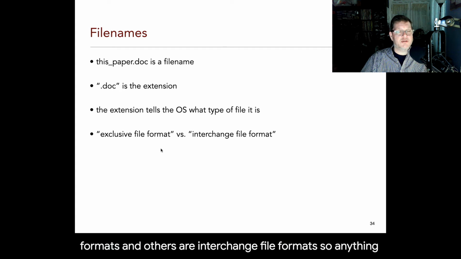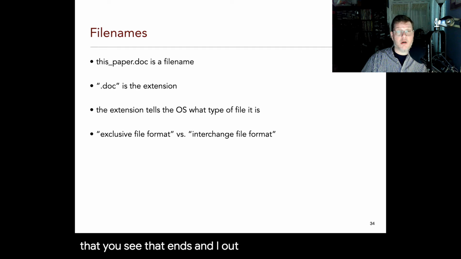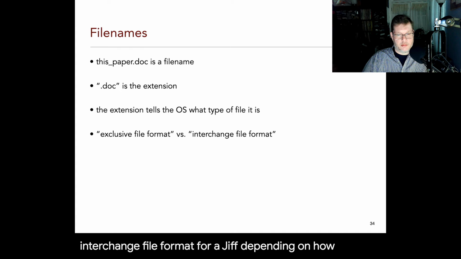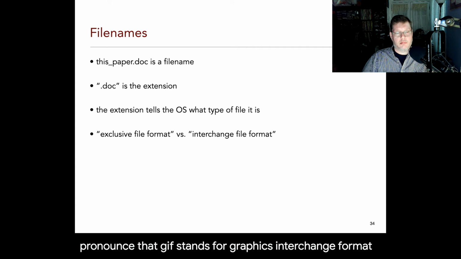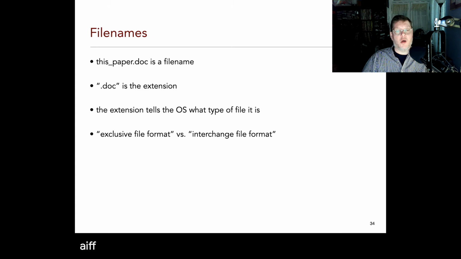So anything that you see that ends in IF or IFF, that usually stands for interchange file format. So a GIF or a GIF, depending on how you pronounce that, GIF stands for graphics interchange format. AIFF is audio interchange file format.